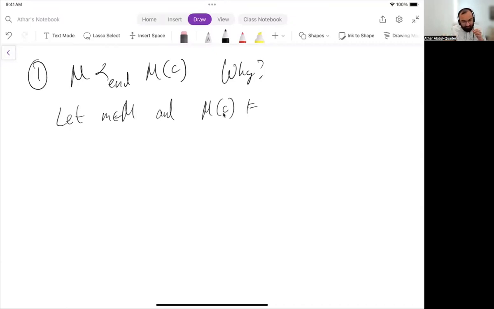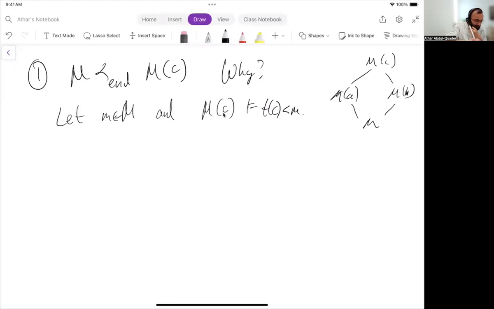M of C is an end extension of the top model that we had built. And again, we're gonna think of this as the interstructure lattice. So suppose there's some term t, or M-definable function, where t of C is below some element of M.